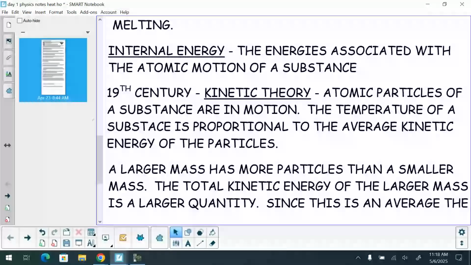The temperature of a substance is proportional to the average kinetic energy of these particles. So when you talk about the kinetic theory, the atomic particles of a substance are in motion, and the temperature of the substance is proportional to the average kinetic energy of the particles.